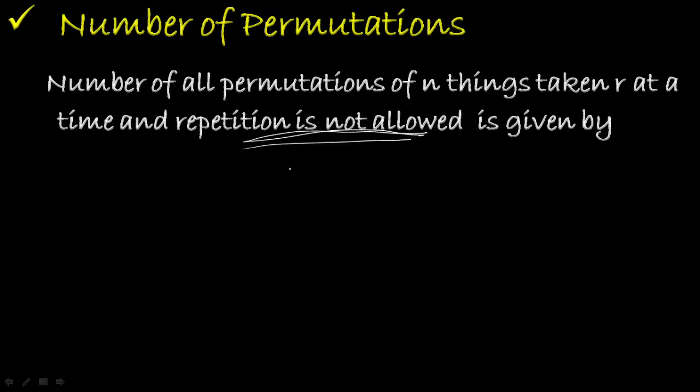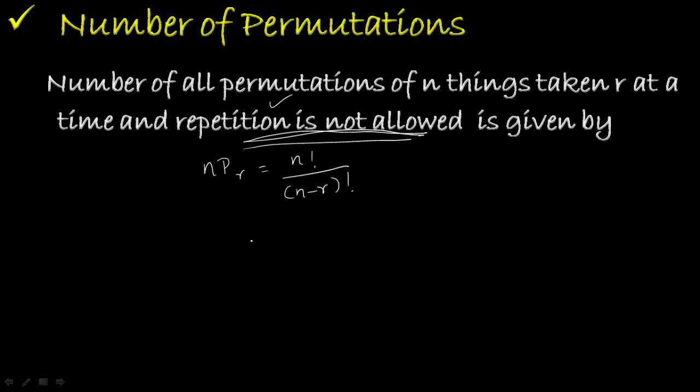So for permutation we first think about the formula without repetition: nPr is equal to n factorial over (n minus r) factorial. This formula is used only when repetition is not allowed.